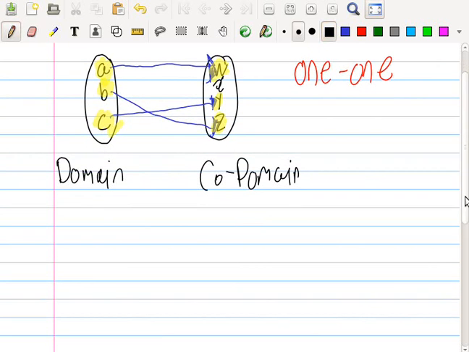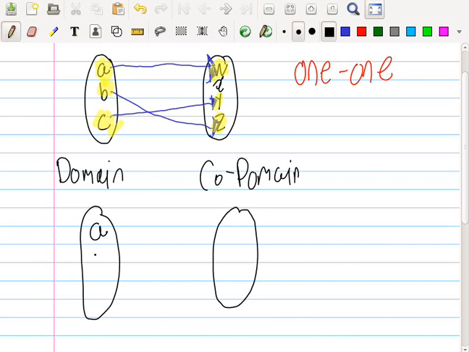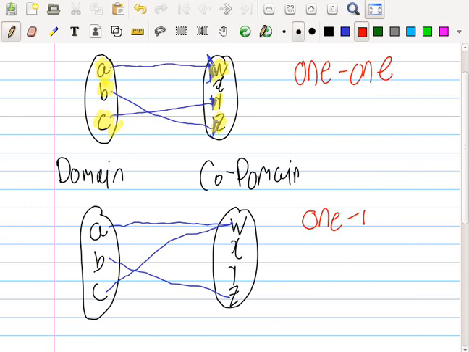Okay, so the next type, I'll draw it underneath. A, B, C, and let's say again W, X, Y, Z. So A goes to W, B goes to Z, and C goes to W. What do you think this one might be called if the first one was called 1-1? One many.